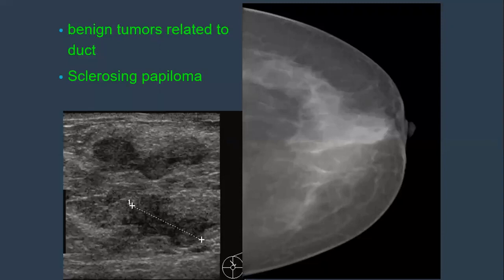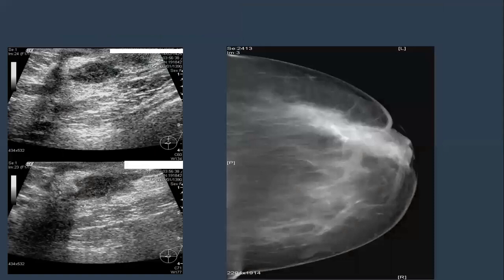Okay, and what about this, Medina? This is also a tubular linear asymmetry extending from the medial side of the left breast to the nipple with nipple retraction and involvement of the nipple.